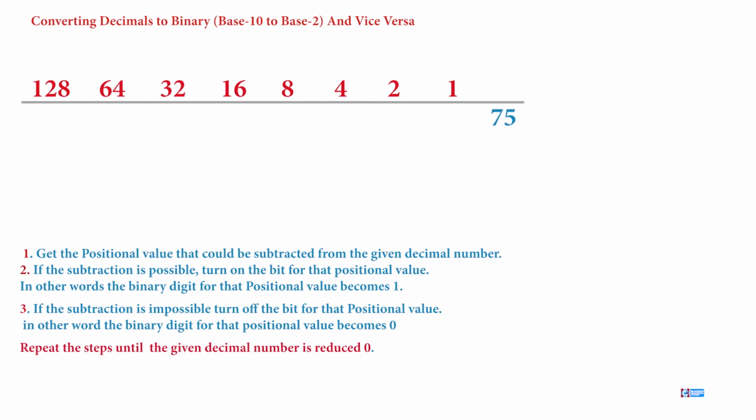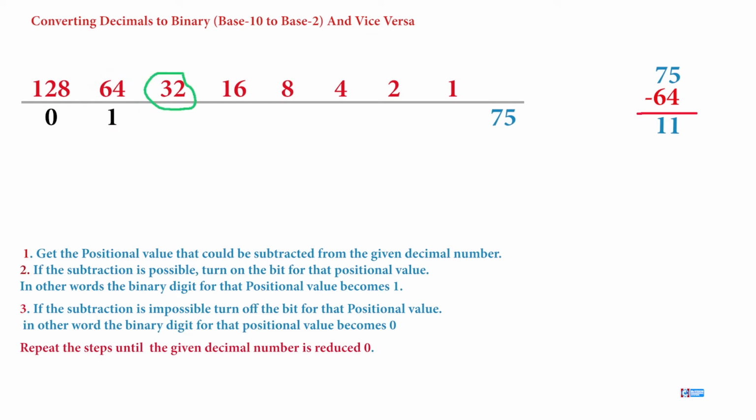So which of these values could be subtracted from the number 75 as given? Let's start from the highest position, that is 128. No, we can't subtract 128 from 75, so we put 0 here. Next, 75 minus 64, yes, this is possible and we get 11, so we put 1 here.